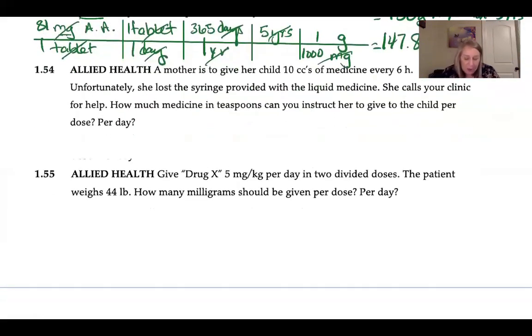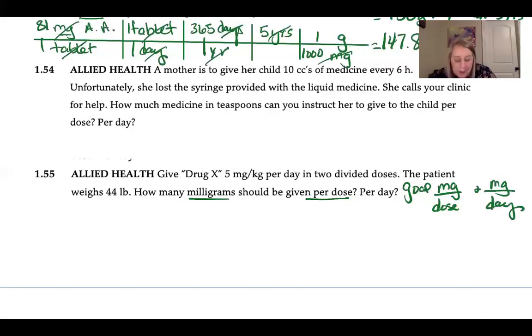Give drug X 5 milligrams per kilogram per day in 2 divided doses. The patient weighs 44 pounds. How many milligrams should be given per dose per day? All right, our goal is milligrams per dose, and we want to know milligrams per day.